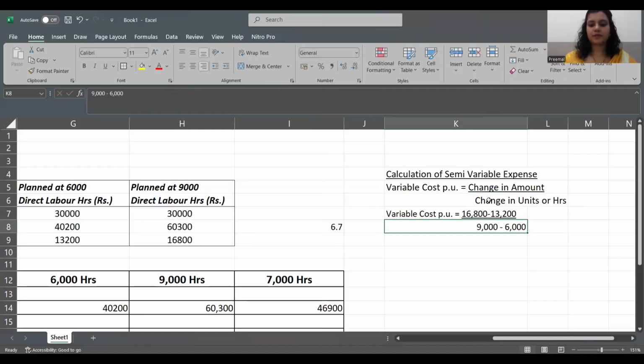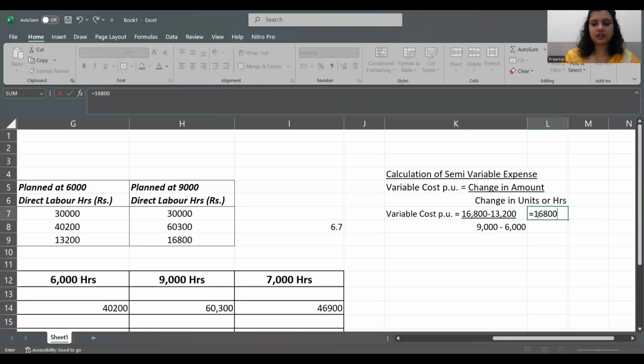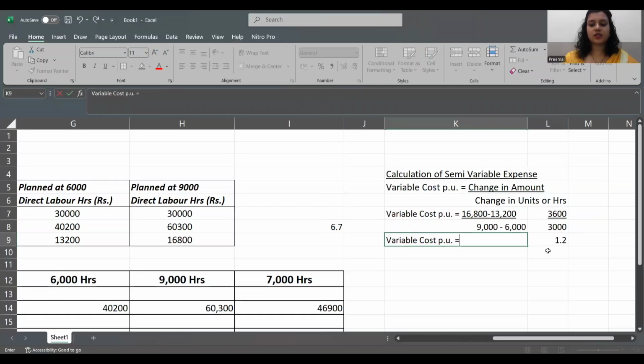So I have my change in amount and change in units. So 16,800 minus 13,200 gives me 3,600. And this divided by 9,000 minus 6,000 gives me 3,000. Now my variable cost per unit will be 3,600 divided by 3,000. This becomes the variable cost per unit, 1.2.